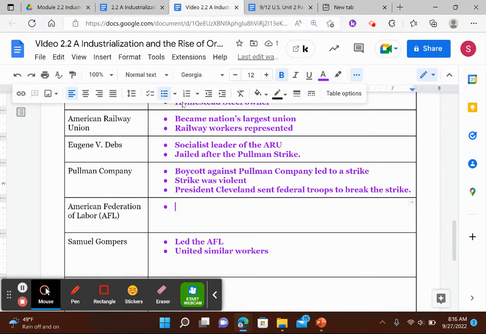So the AFL consisted of several separate unions of skilled workers who had joined together in a federation, the AFL.